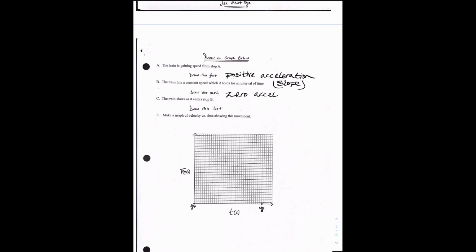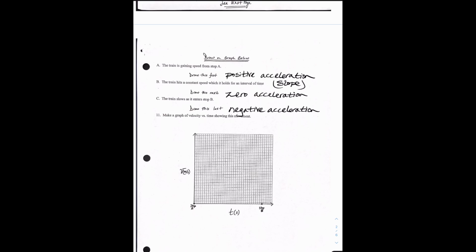The velocity is not changing over that time period. And so we would expect to see zero slope. And then the train slows as it enters a stop. So we would expect to see negative acceleration. Or a negative slope.